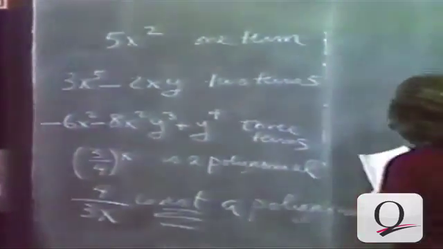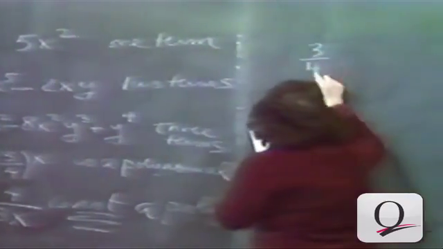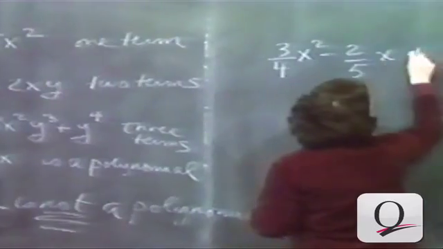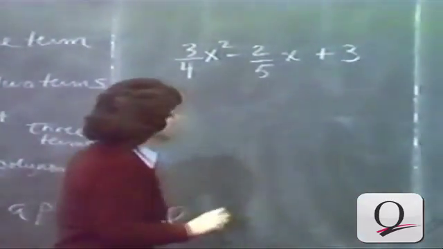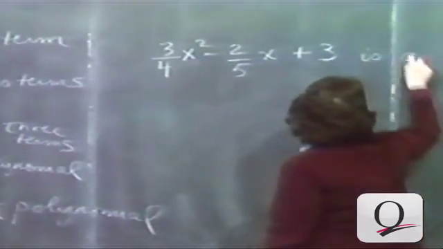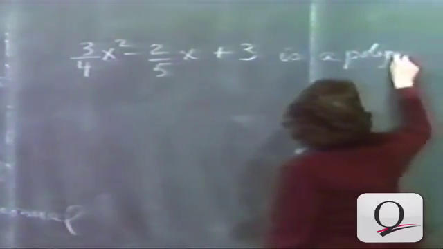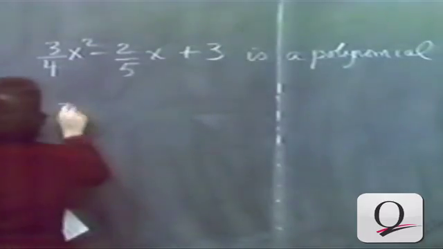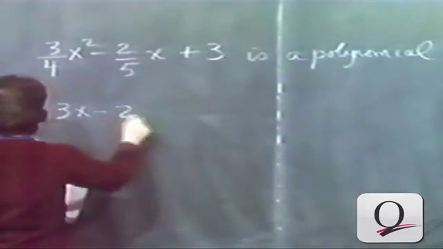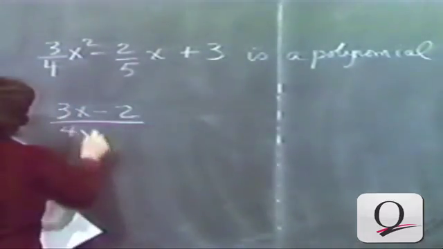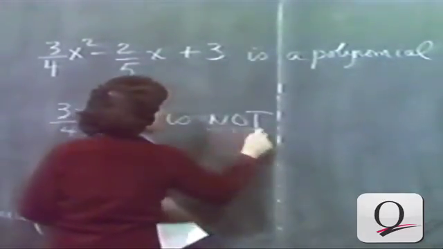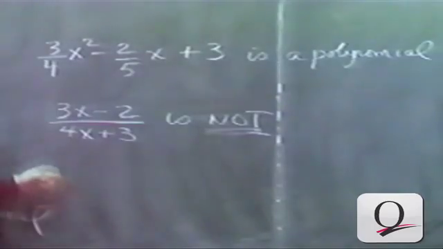For this reason, 3/4 x squared minus 2/5 x plus 3 is a polynomial. But 3 over 4x minus 2 over 5x plus 3 is not a polynomial.